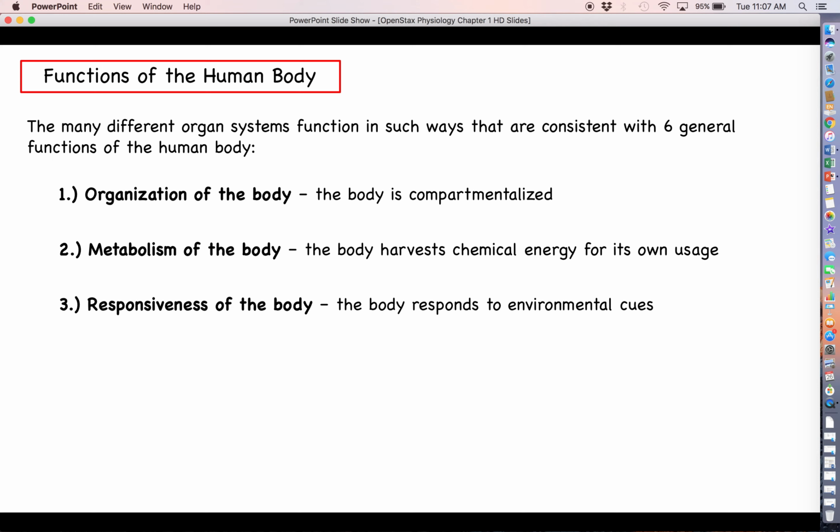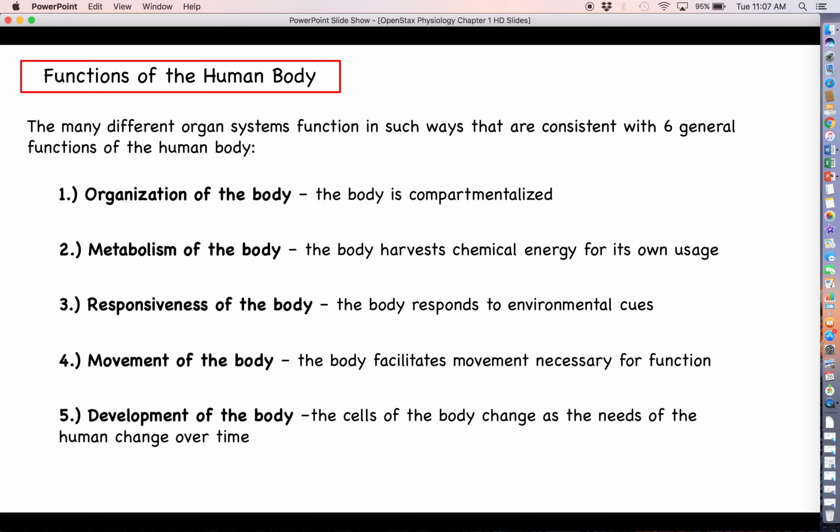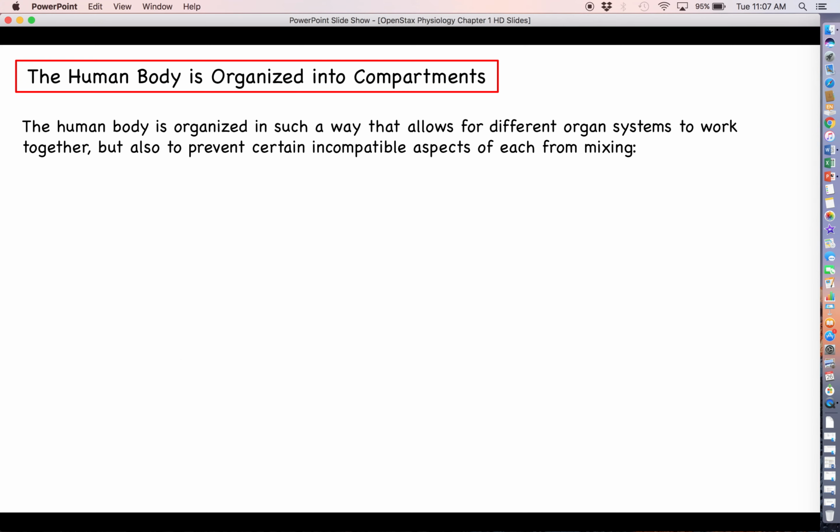The human body is responsive to different environmental cues. The body is capable of movement. The human body develops over time. And the human body is capable of reproduction. All of these subjects will be discussed in due time, but for this particular video, we are going to focus in on number 1 here. So the human body is organized into compartments.